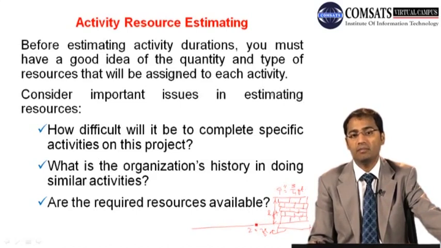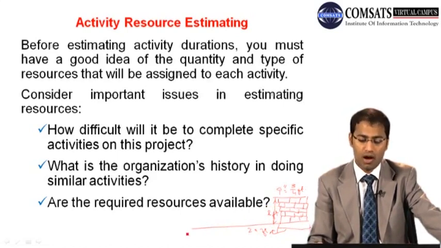If we multiply each of these with each other, we get the volume. So we have length, height, and thickness, and we have a very good idea of the total quantity.